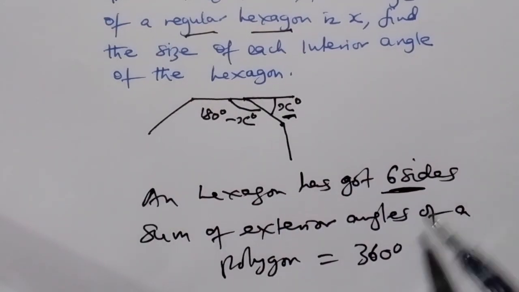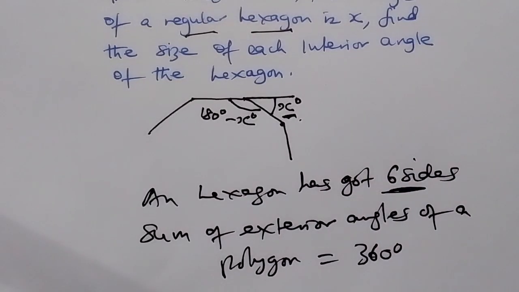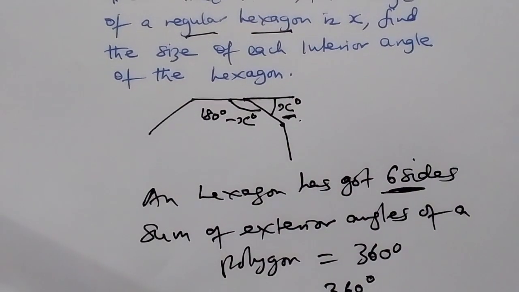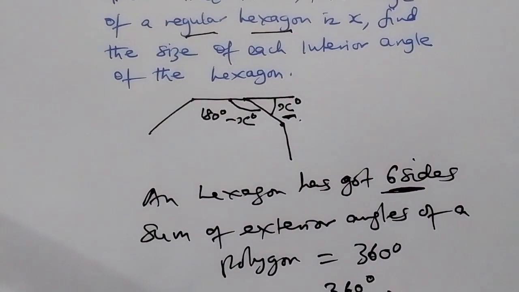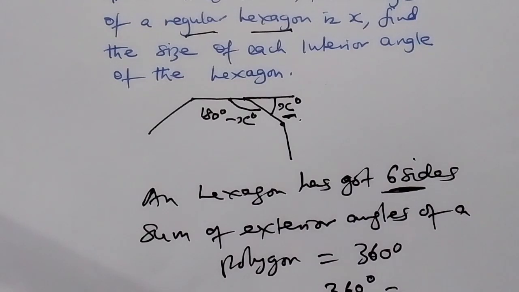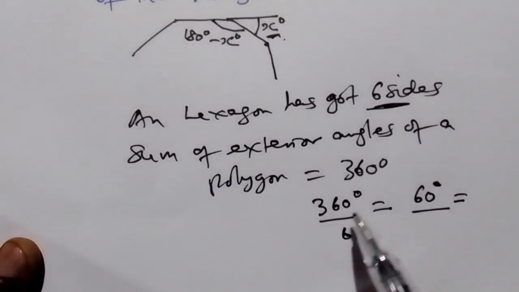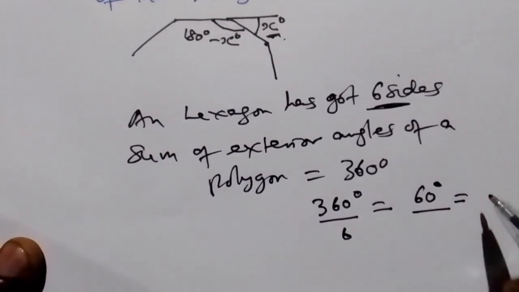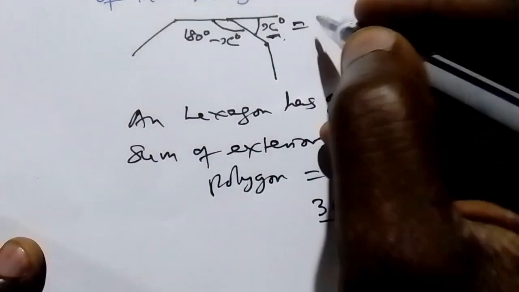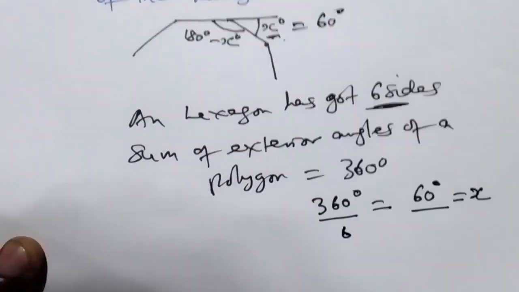So in order for us to get x here, it is going to be 360 degrees divided by the number of sides, which is 6, and that is going to give us 60 degrees. So our x here is 60 degrees.